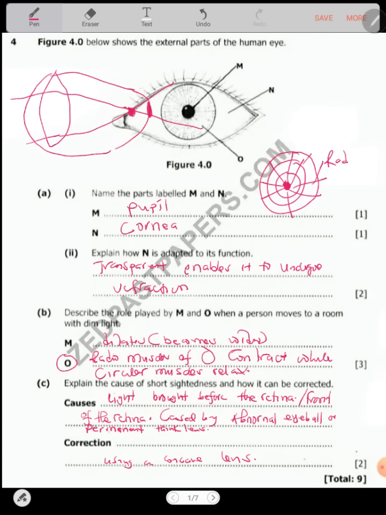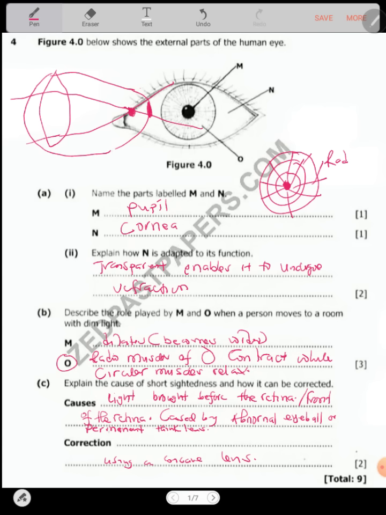There's also what we call long-sightedness, also known as hypermetropia, which is when someone is only able to see distant objects, but they can't see objects that are near.